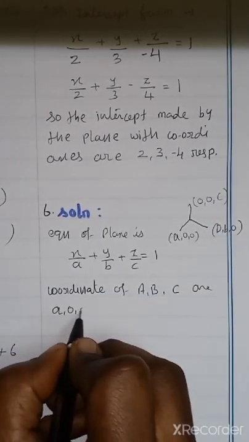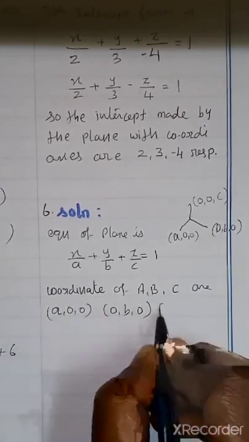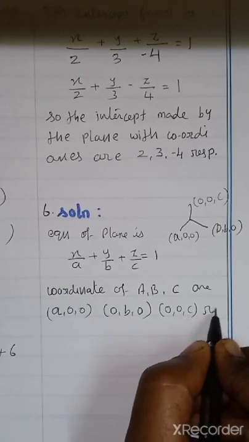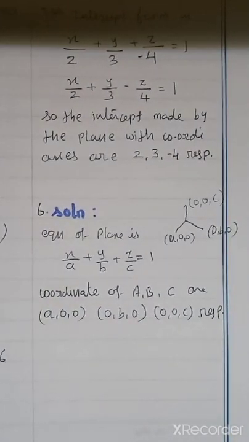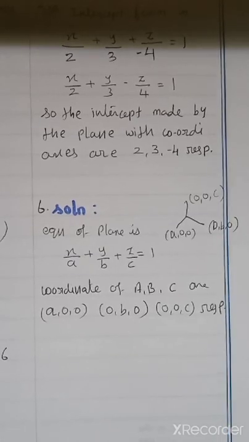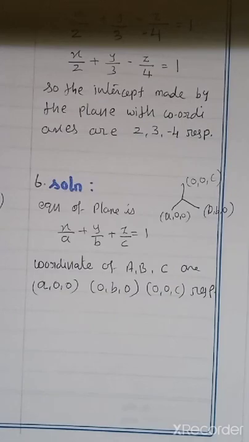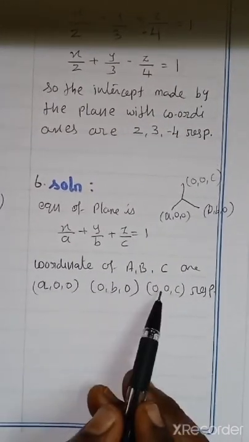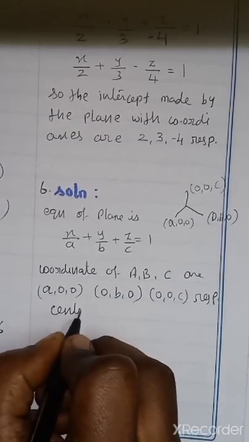A, 0, 0; next 0, B, 0; and 0, 0, C respectively. So if we know these points, can we find your centroid? What is your centroid formula? x1 plus x2 plus x3 by 3, correct?